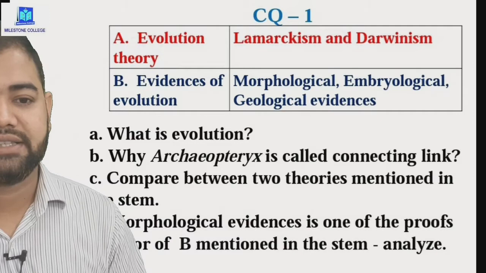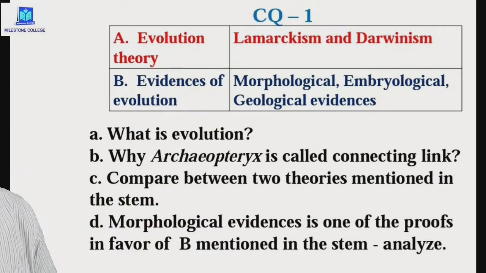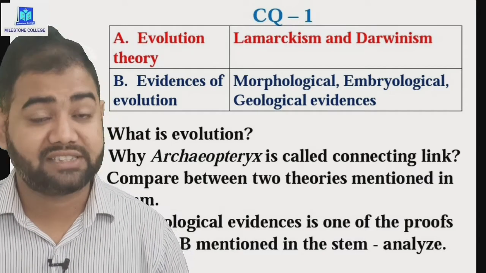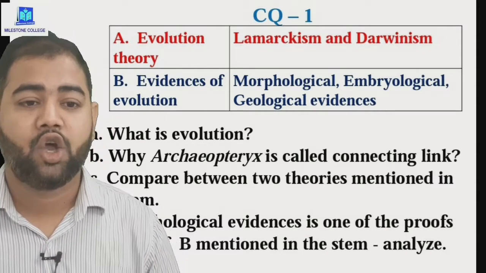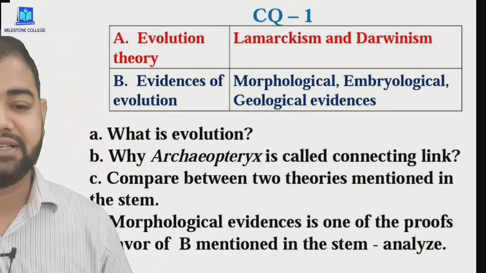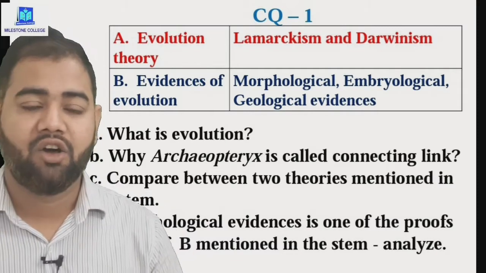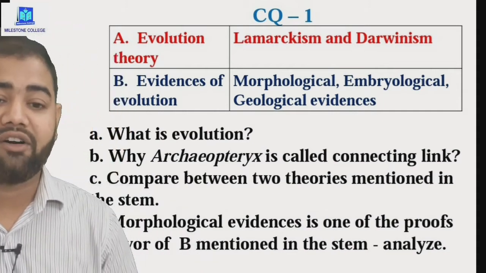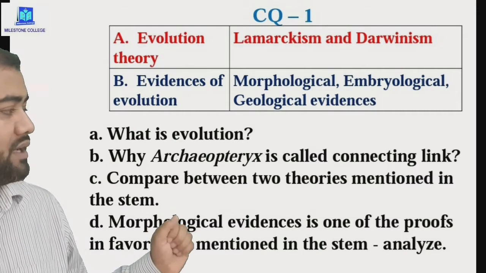The questions: first of all, question A, what is evolution? Question B, why is Archaeopteryx called a connecting link? Question C, compare between the two theories mentioned in the stem. And question D is, morphological evidences is one of the proofs in favor of B mentioned in the stem. Analyze it.